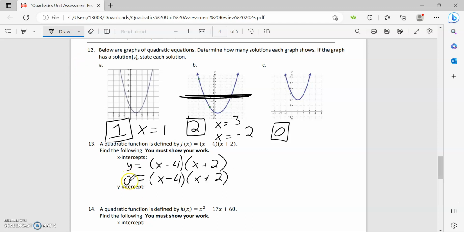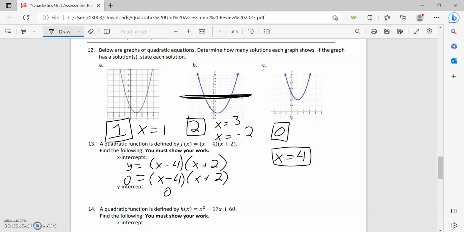Well, how do I get 0? How do I know what to plug in here so that this whole mess becomes 0? It's really simple when we have it in factored form. If I chose 4 as an answer, one answer is x equals 4. Why do I know that? Because if I said x is 4 and plug it in here, x minus 4 is 4 minus 4.